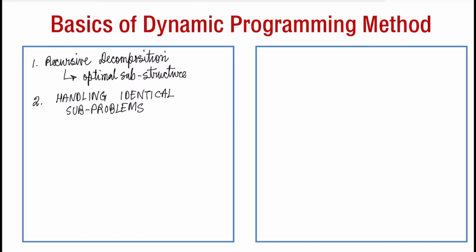So we need to ensure that we solve identical subproblems and we store their solutions, and the storing of the solutions is called memoization. So memoization and reuse is at the heart of dynamic programming.